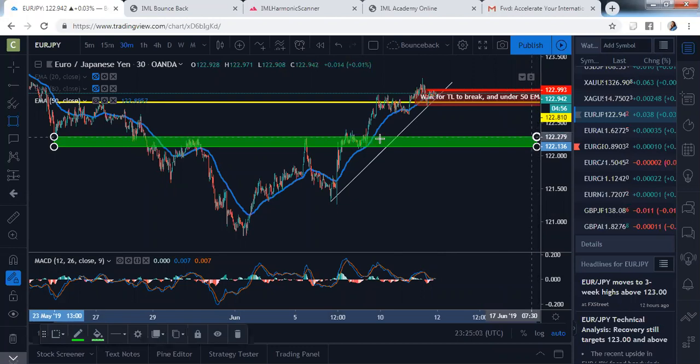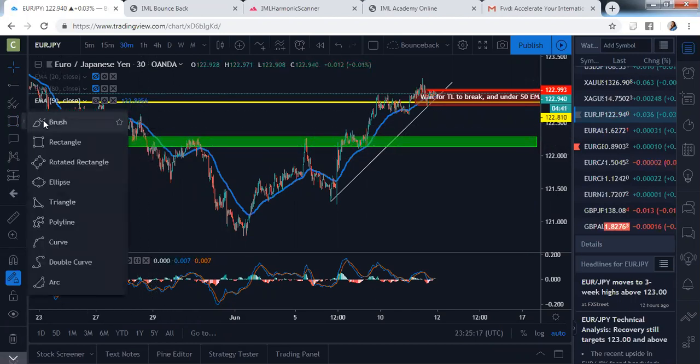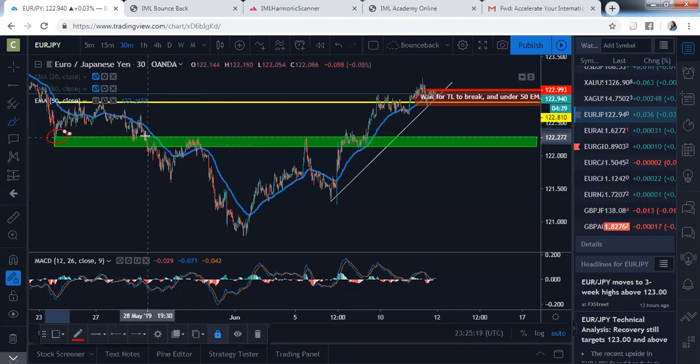So why did I identify this zone? You have support here where the trade is bouncing and reversing, bouncing and reversing, breaks through, and uses it as resistance. So you can see support, support, resistance, resistance, resistance, and then obviously support and resistance here as well.